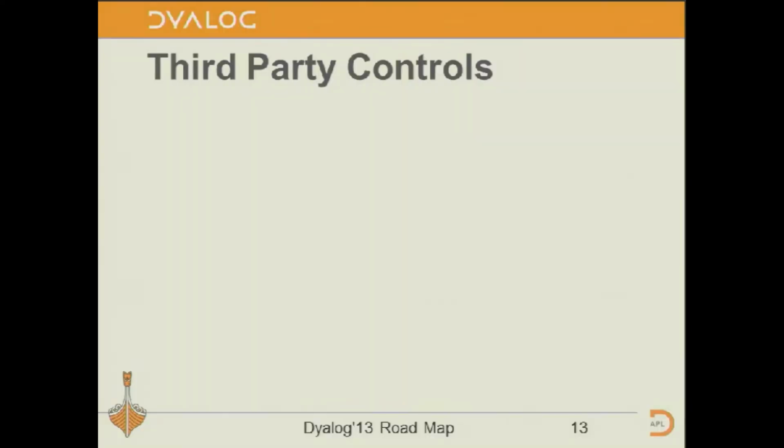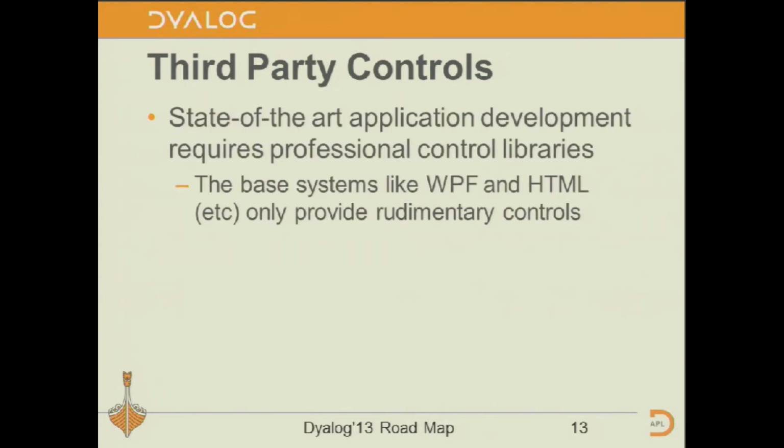Now, if you want to build a good-looking application, regardless of whether you go for WPF or the HTML5, you are going to need third-party controls. Because the basic WPF and HTML controls are really only a list of 15 or 20 very basic things: edit fields, combos, drop-downs, and so on.